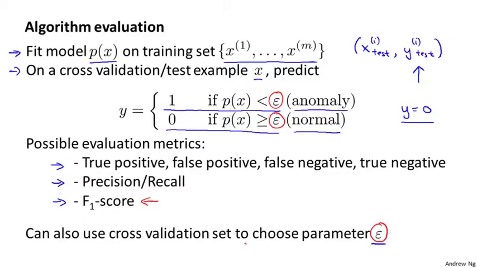More generally, when we're making decisions like what features to include or tuning the parameter epsilon, we continually evaluate the algorithm on the cross-validation set. Then, when we've picked a set of features and found a value of epsilon we're happy with, we can take the final model and do the final evaluation of the algorithm on the test set.